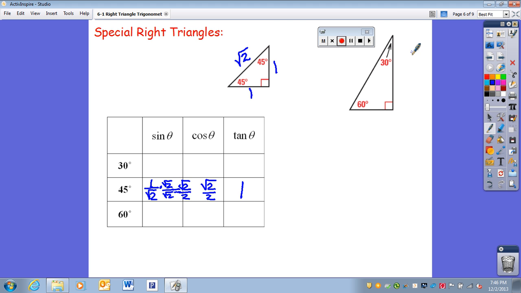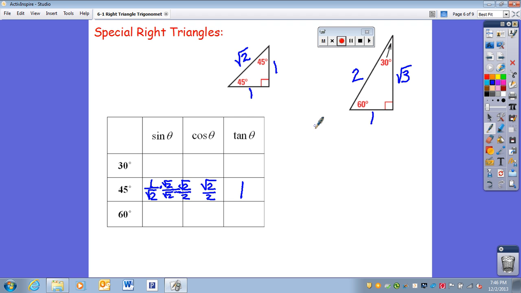So when we take a look at our 30, 60, 90 right triangle, we remember that the short leg, which is opposite of the 30-degree angle, is 1. Our hypotenuse is 2, and the longer leg opposite the 60-degree angle is the square root of 3.